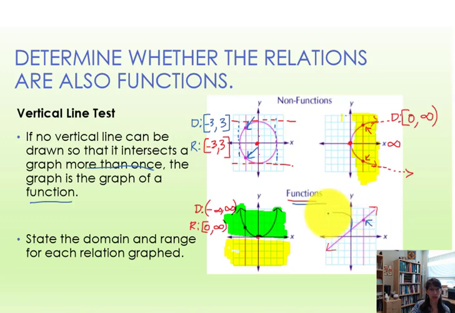So on the negative side, we can see that we have an arrow. This line is continuing forever to the left. That's negative infinity. So the domain is starting with negative infinity. On the right-hand side, again, we have an arrow going to the right, never stopping. That would be positive infinity.